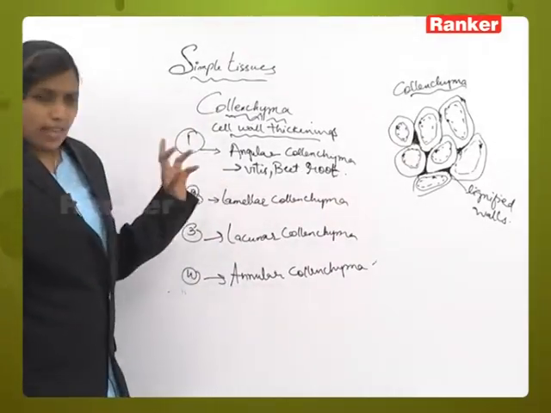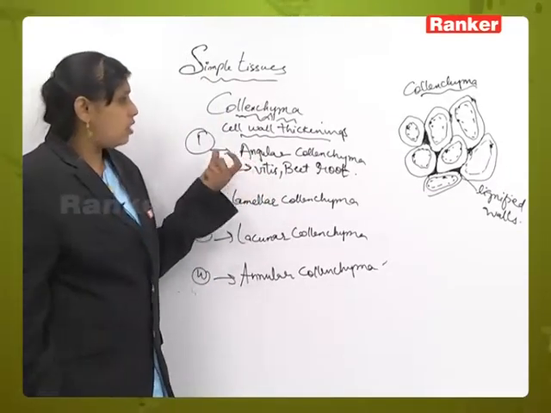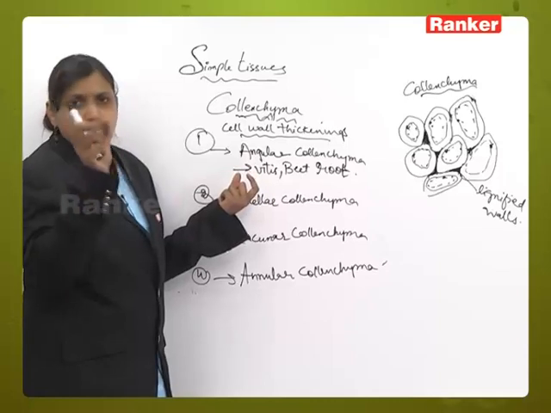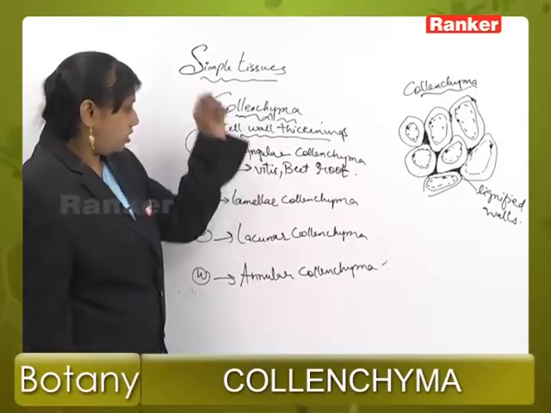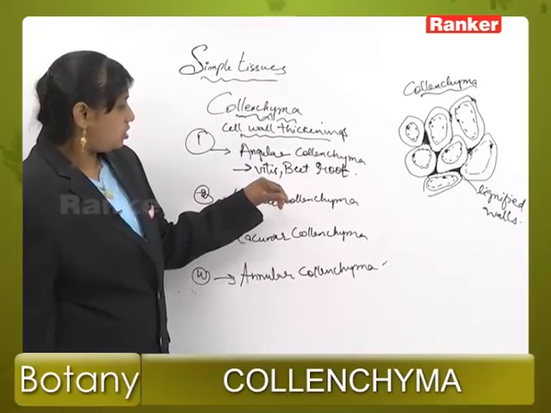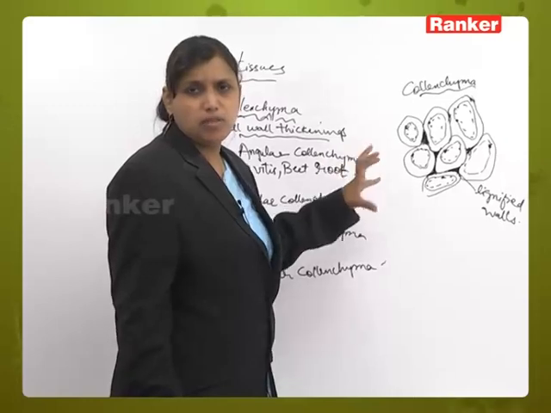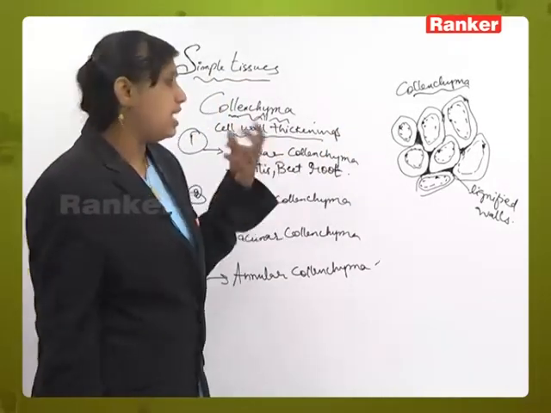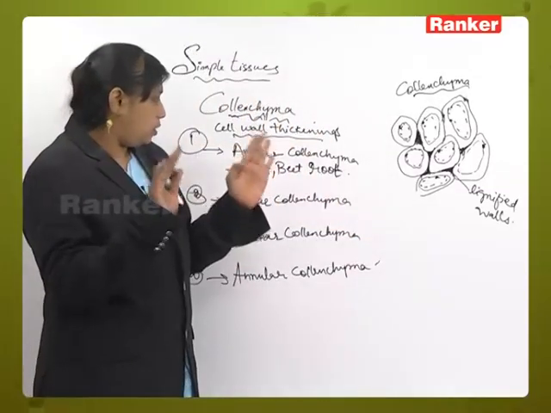Here, when we see the TS of the stem or TS of the Collenchyma tissue, you will see the cell wall thickenings occurring in the angles of the longitudinal cell walls. So, this Collenchyma shows deposition of cell wall thickenings towards the corners or angles between the cells.